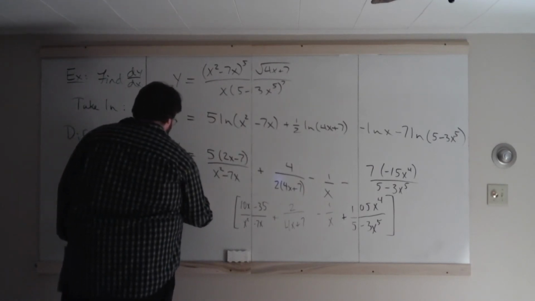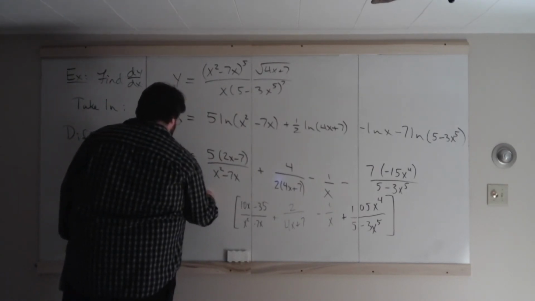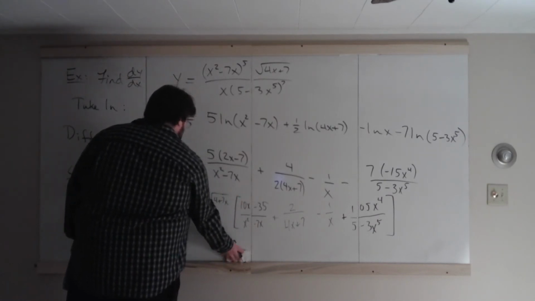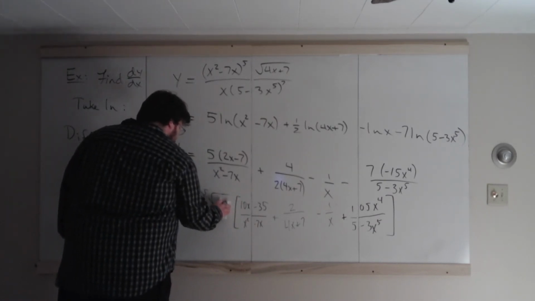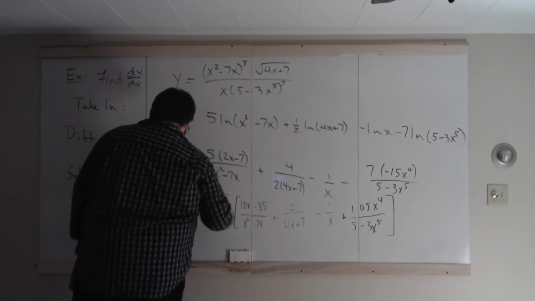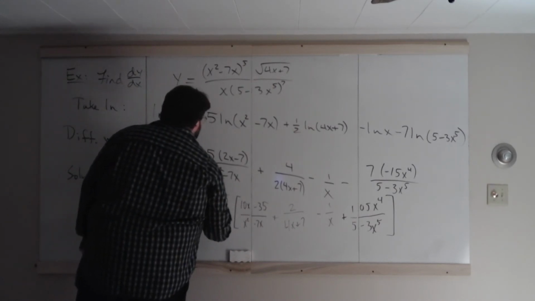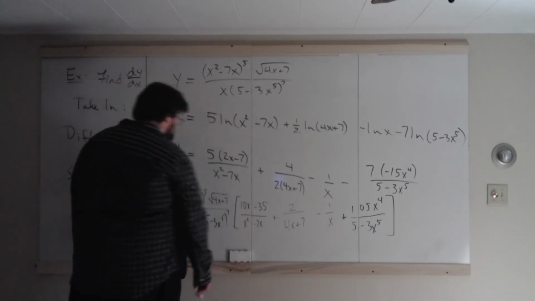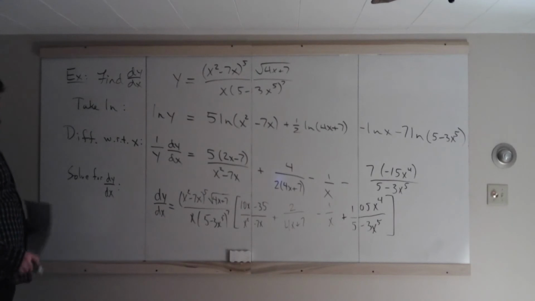x squared minus 7x to the 5th root 4 plus 7x. I can't even write it. 4x plus 7 all over x times 5 minus 3x to the 5th, all to the 7th. You don't have to distribute that through.